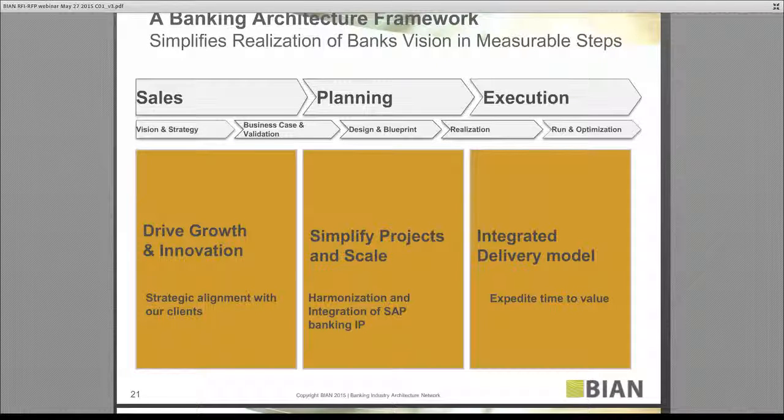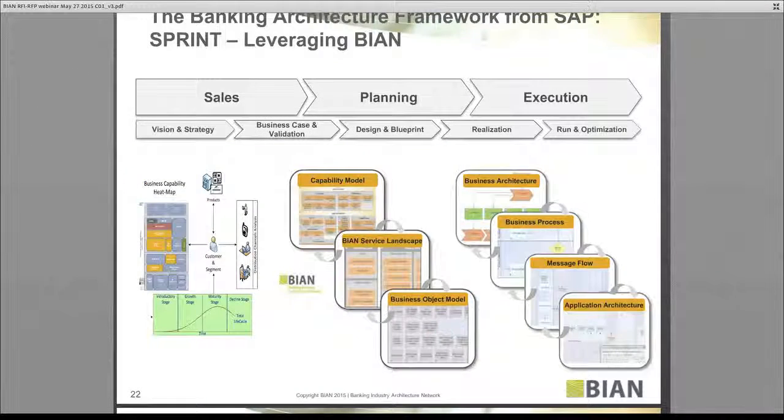Assuming now that that is the end-to-end world in which we act and realize a transformation plan, on the next slide we then see how the role of BIAN could be.